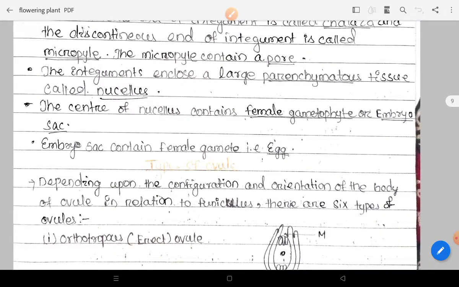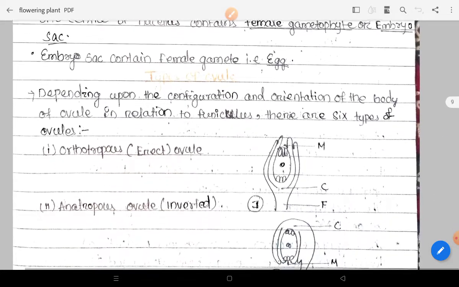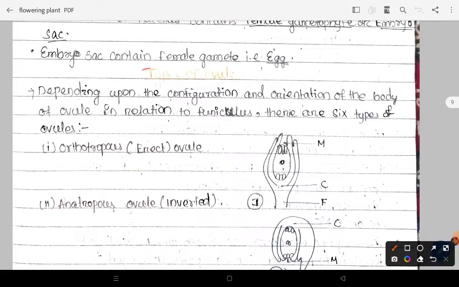Next, the types of ovule. There are normally 6 types of ovules seen in nature, on the basis of the arrangement of micropyle, chalaza and funicle.